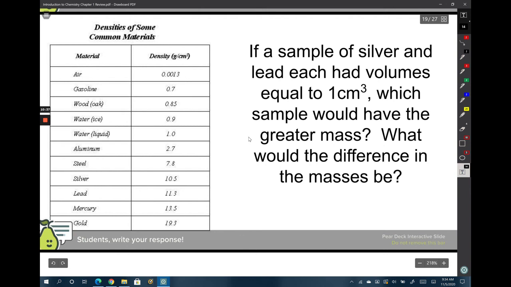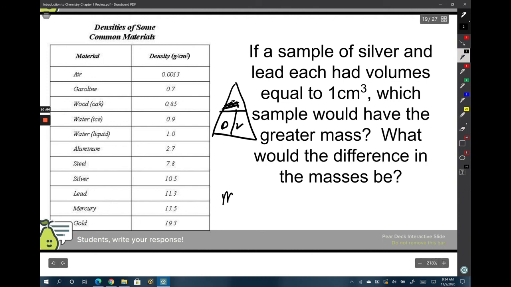So now let me just kind of work through that. If we do our density triangle, we know it's M, D, V. We're wanting to find mass, so we cover that up.